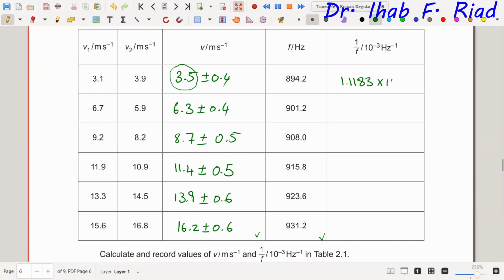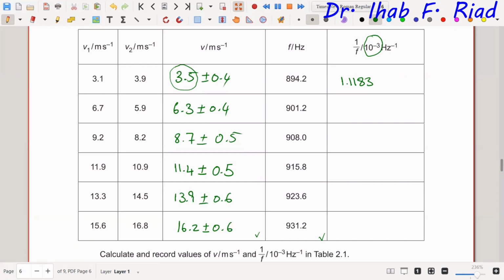Should I write it here? I don't think you need to, because it is already written. Yes, you don't have to write it here because he already did it for me over here. So I know that everything in this column is multiplied by 10 to the power minus 3.